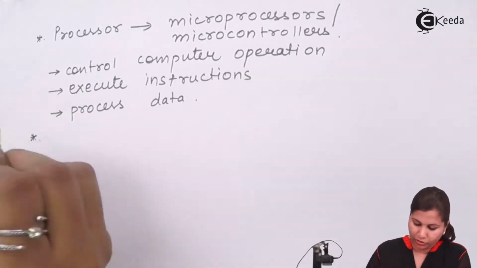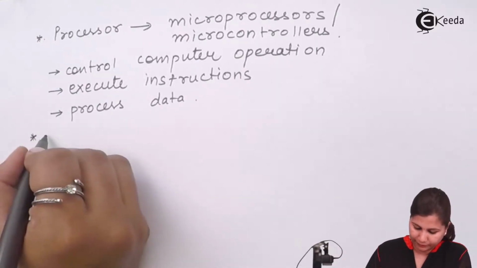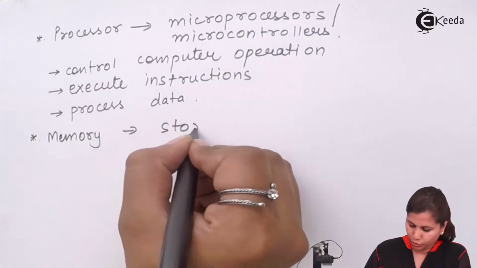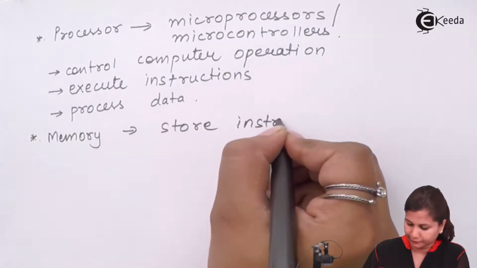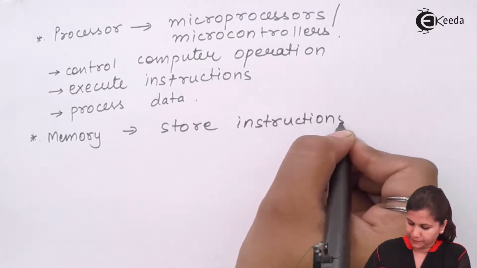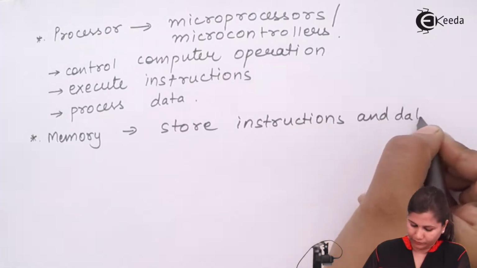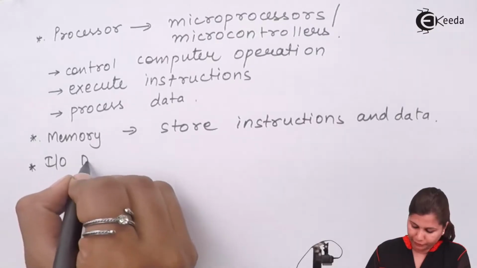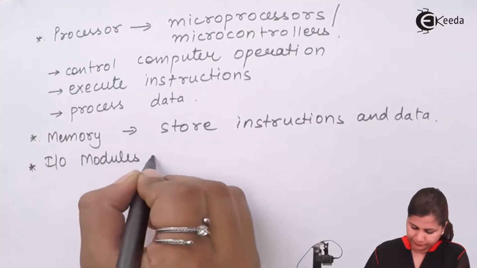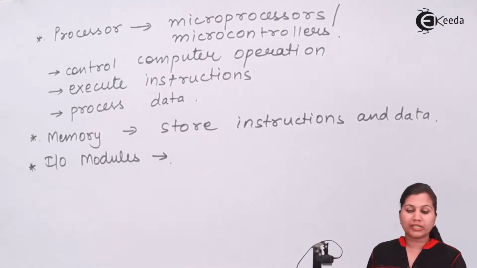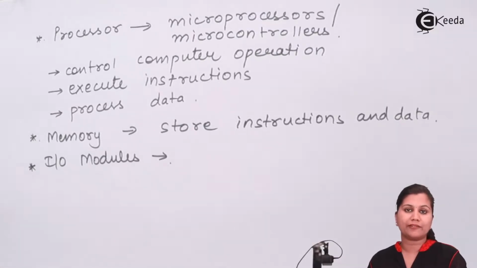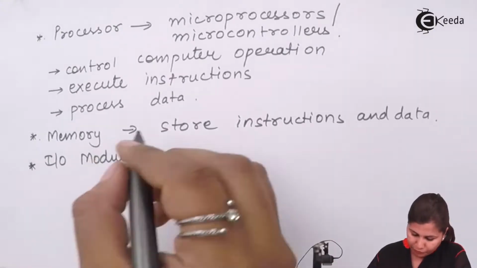Another component in the hardware is the memory. Memory is used to store the instructions and the data. Then we have the input output modules or input output devices. These are responsible for the exchange of data, or we can say for the communication of the system with other devices.